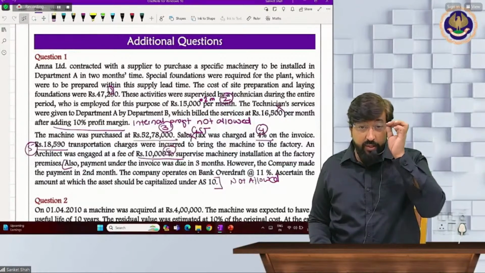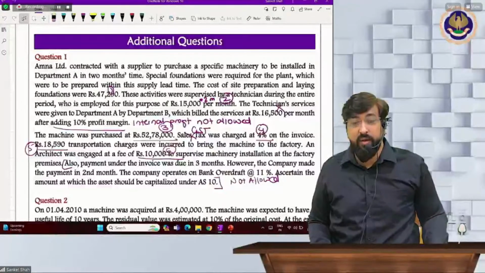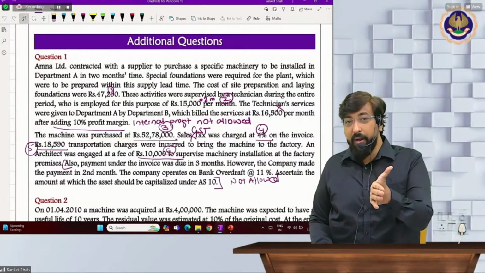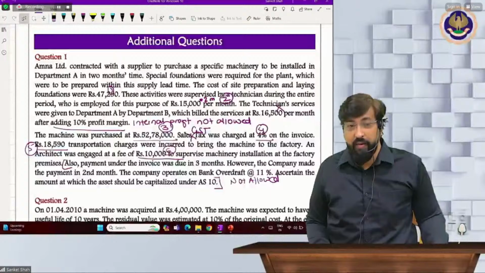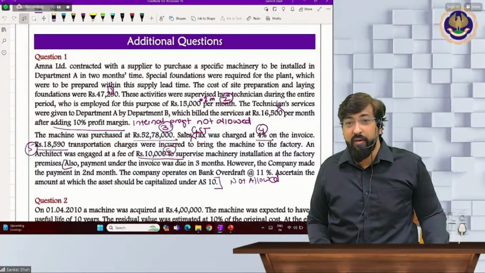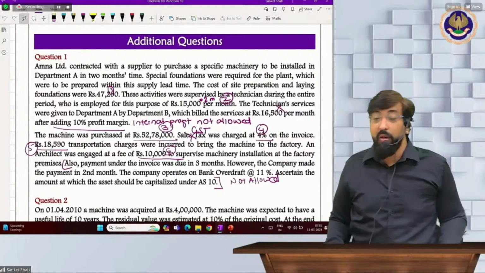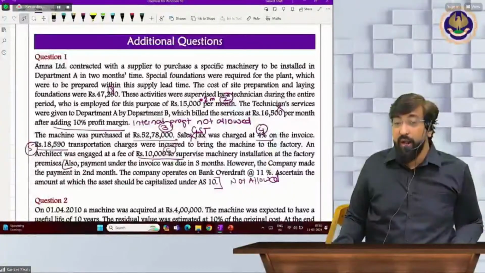The technician services were given to Department A by Department B, which will bill 16,500. So one department is giving services to another department. Whether internal profits are added? No. I already told you that internal profits are not allowed to be added in the capital expenditure.